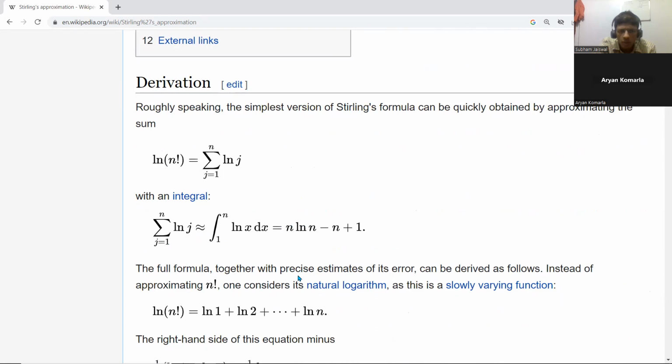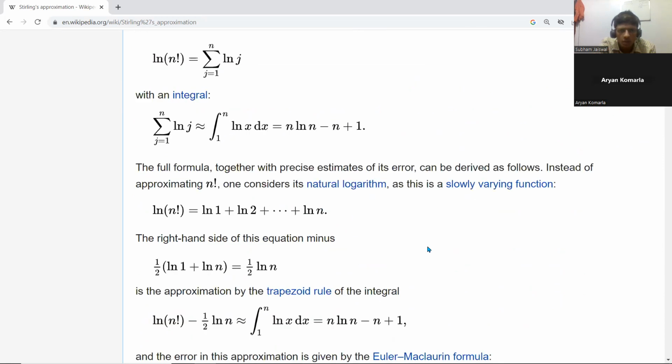Now the full formula together with precise estimates of its error can be derived as follows. Instead of approximating n factorial, one considers its natural logarithm. The right hand side of this equation minus... So they're taking log n factorial minus half log n.